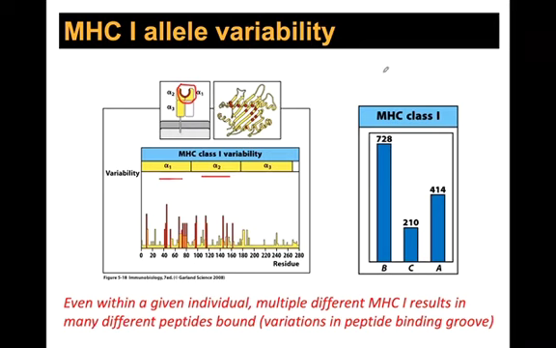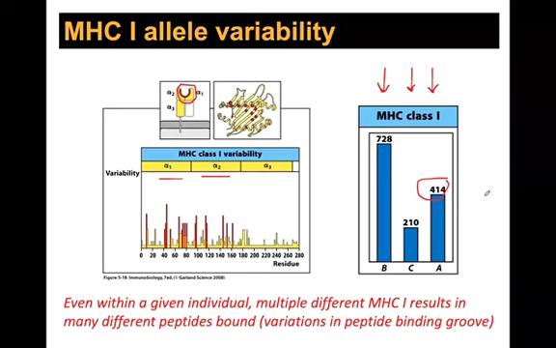When you look at the variation, this is actually from an older version. We now know that there are many more than this. There's something like tens of thousands of different MHC alleles in the human population. You can see that there's a tremendous number of alleles that could do this. And so a given individual has 2 HLA-A alleles, okay? But in a population, there are hundreds and up to thousands of different HLA variants.